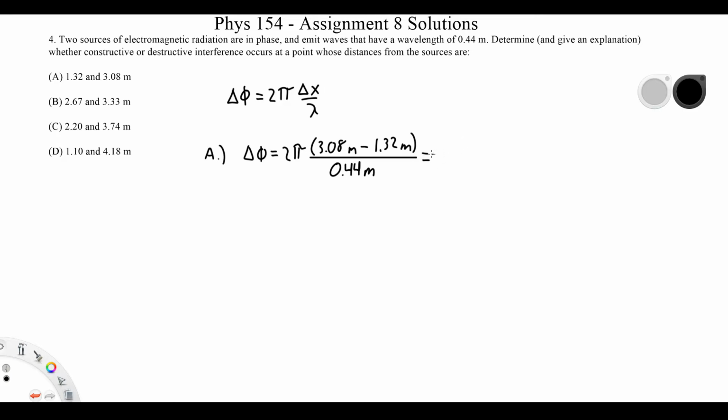Eventually we're going to get 2 pi, and 3.08 minus 1.32 comes out to be 1.76, I believe, divided by 0.44 comes out to be 4. So when we multiply by 2 pi, we end up getting a phase difference of 8 pi, which is even, which means we're going to get constructive interference.